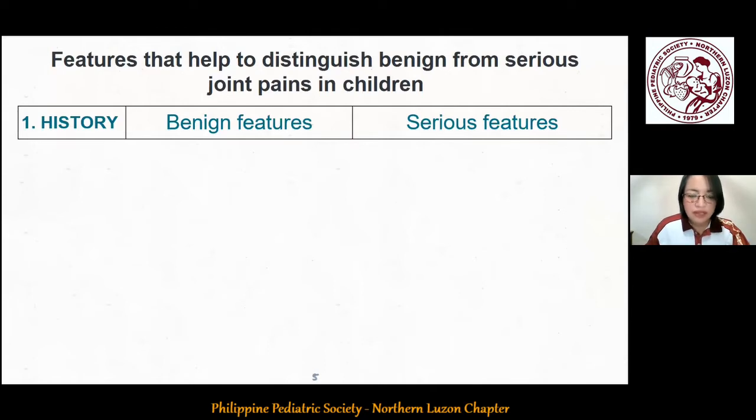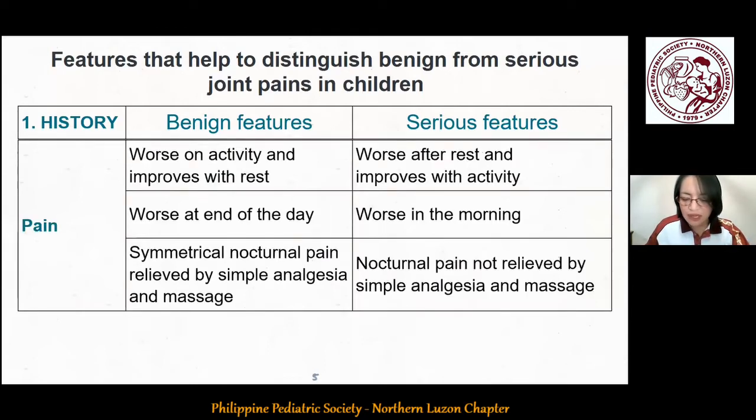In this table, pain that is worse after an activity and felt at the end of the day, but is relieved by mild analgesics or massages, is relatively of benign etiology. In contrast, for those that are serious, pain is improved with activity and worse after rest, especially in the morning, as seen in JIA, where they experience morning stiffness or gelling of the joints after periods of rest.